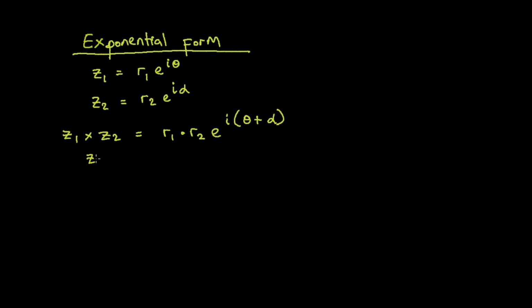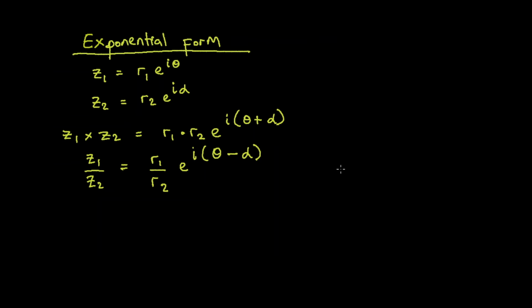Then in like manner, z1 over z2 is equal to r1 over r2 e to the i, now because it's division, theta subtracting alpha. Okay.